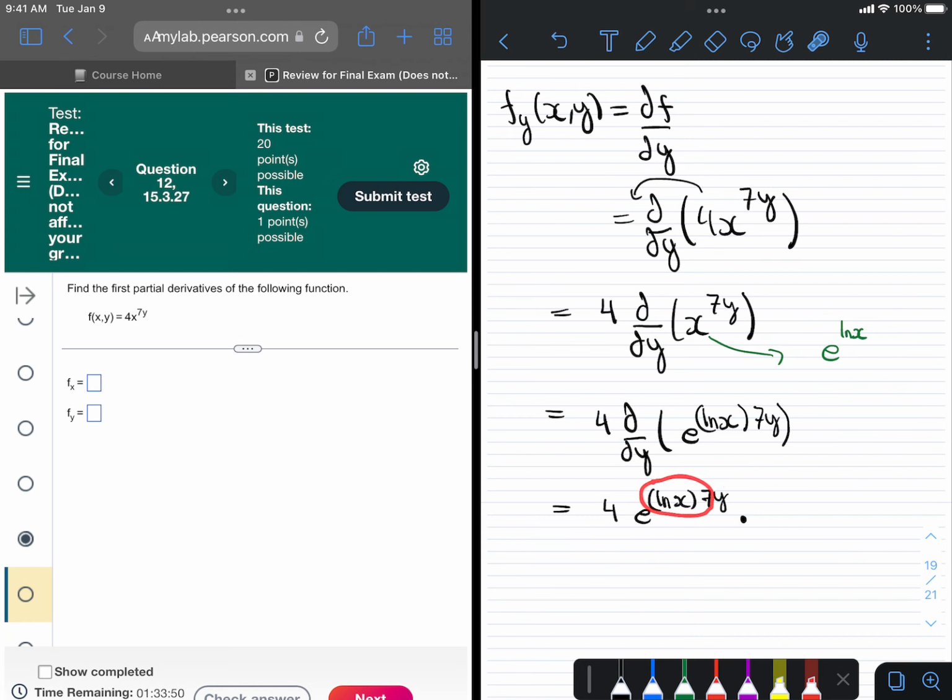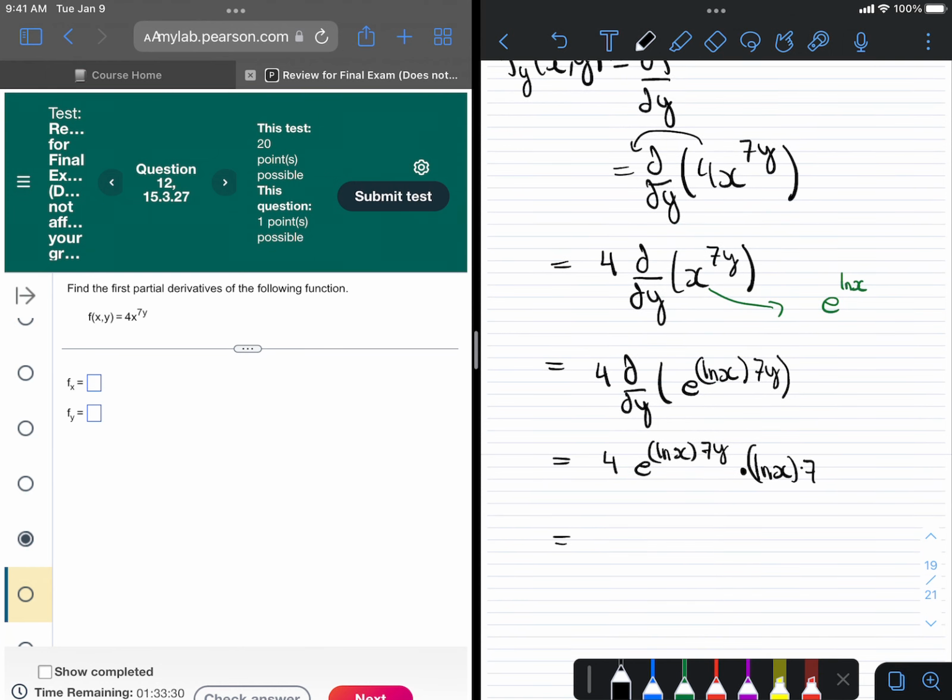The derivative is just a constant multiplying y. So that's just 7 ln x. So that is just the chain rule for me. So I'm using the derivative of the exponential function plus the chain rule. The chain rule. All of that together.